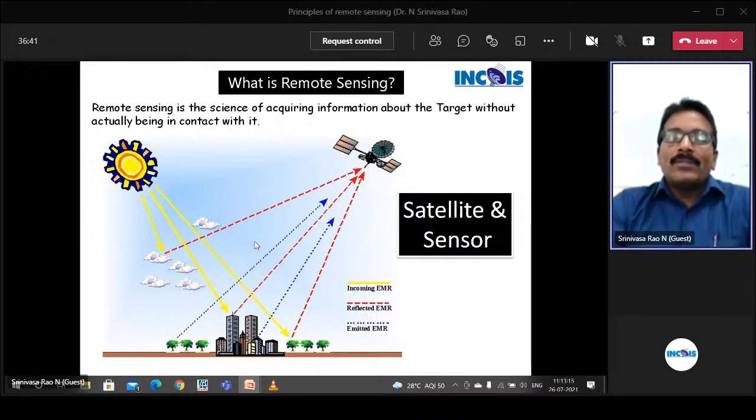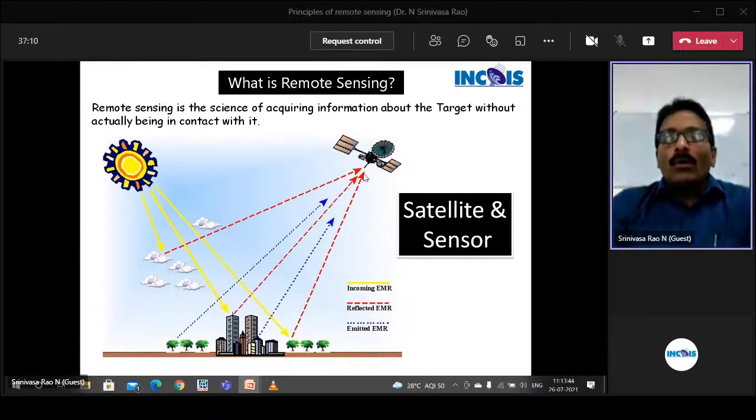What is the difference between the red and blue lines? I will explain clearly later. Here I just mention that yellow indicates the incoming radiation, the electromagnetic light. This EMR is reflected light; reflection means a change of direction. And emitted EMR means emission of light takes place. How this emission takes place, we will discuss later.